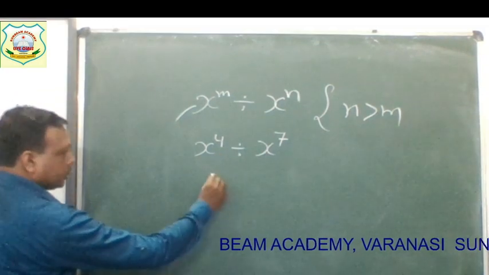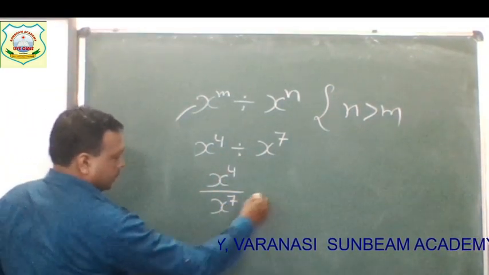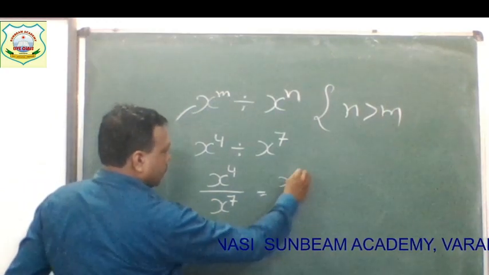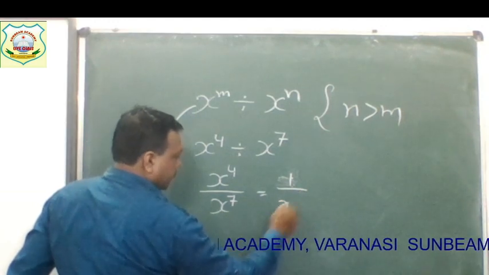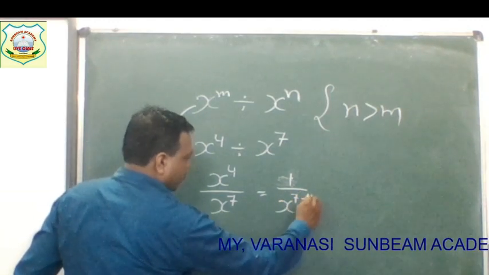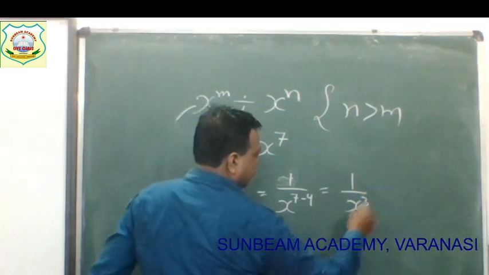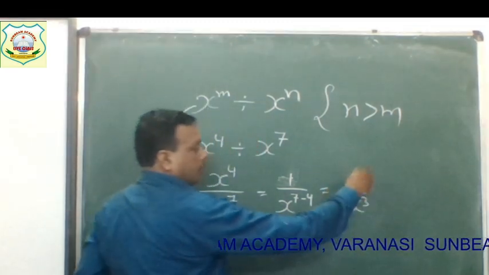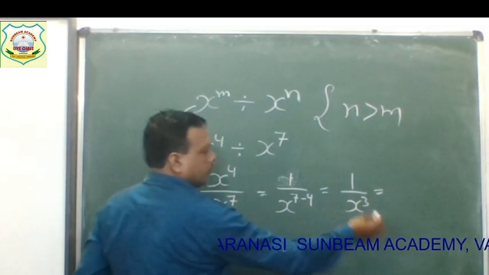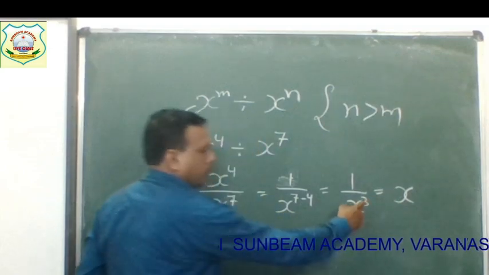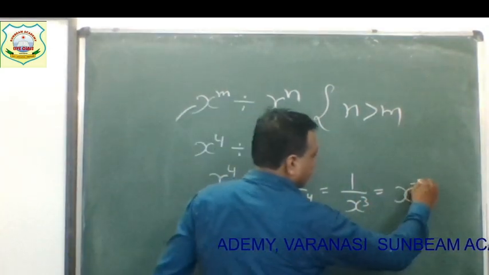First of all we will change this form, x power 4 upon x power 7, then 1 upon x power 7 minus 4 equals 1 upon x power 3. If you want to send it to the numerator part, when x power 3 comes above, since it is all positive, when it comes in the numerator it will be minus 3.